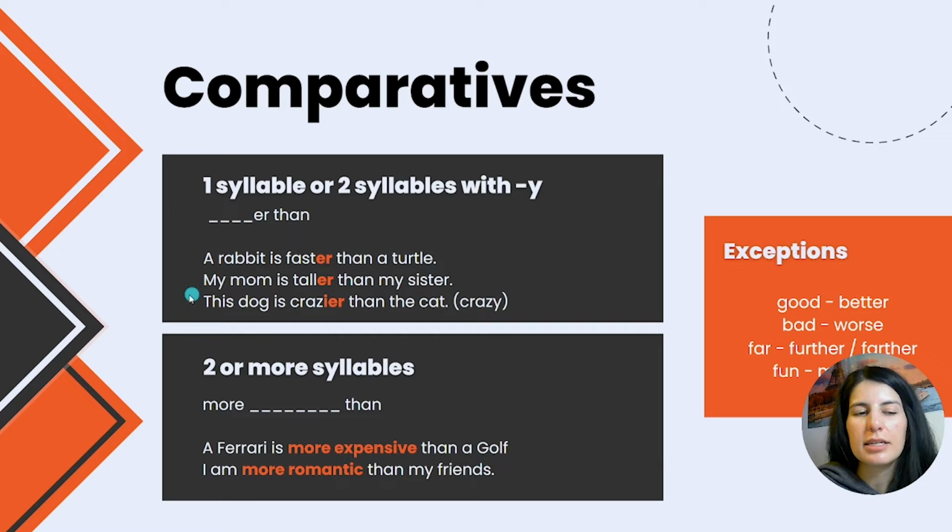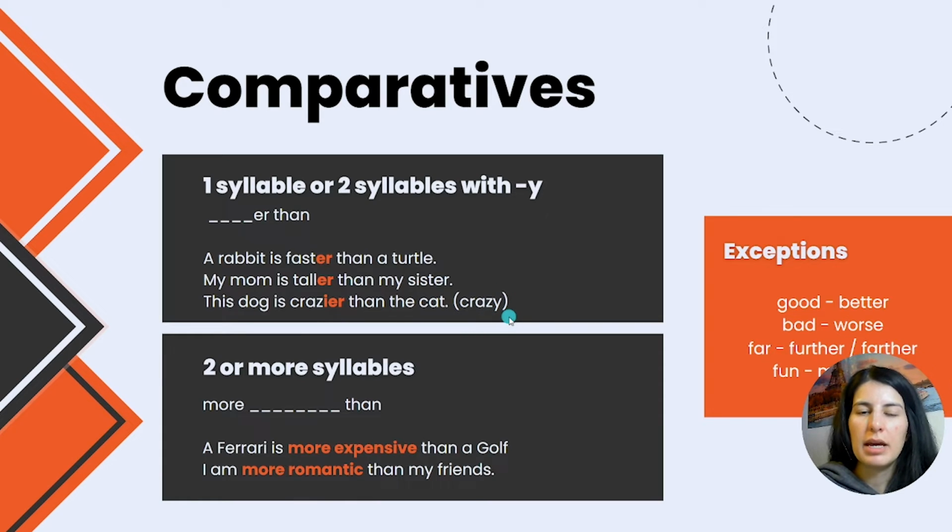In our second example, we have another adjective with only 1 syllable, and that adjective is tall. Tall is 1 syllable. For example, my mom is taller than my sister. The last adjective here is one that ends with y. It is crazy, as we have here in parentheses.